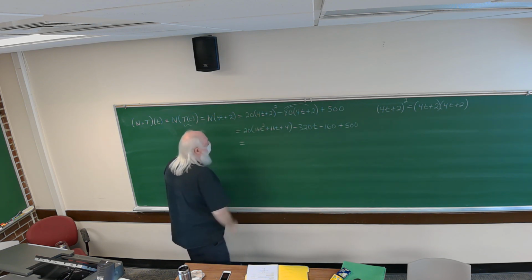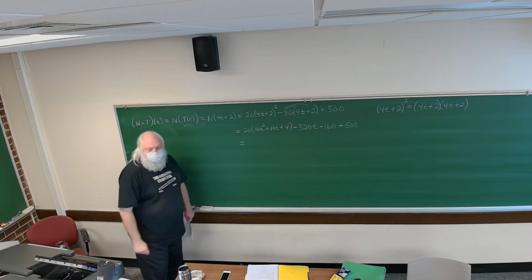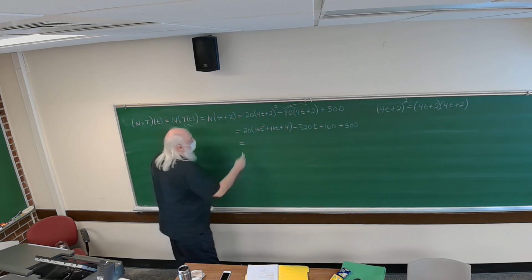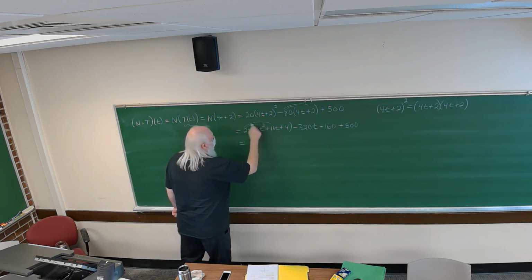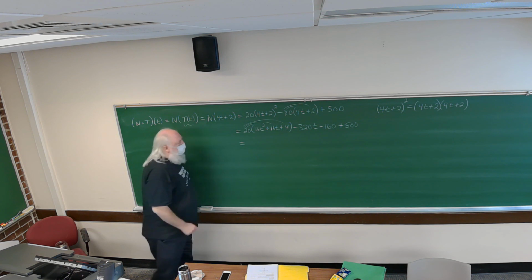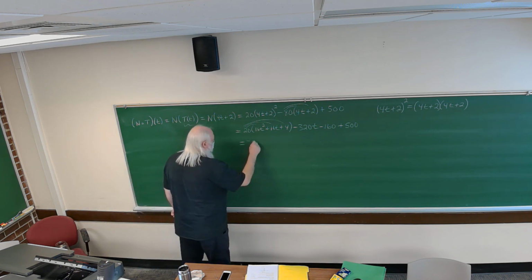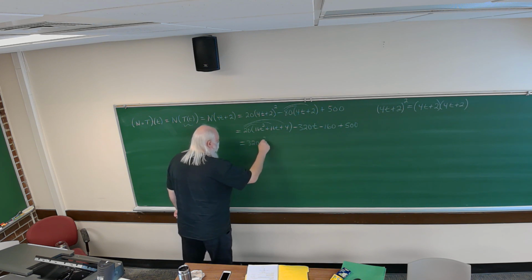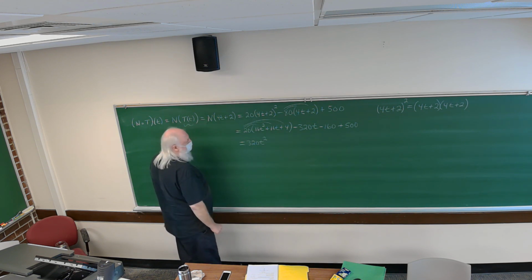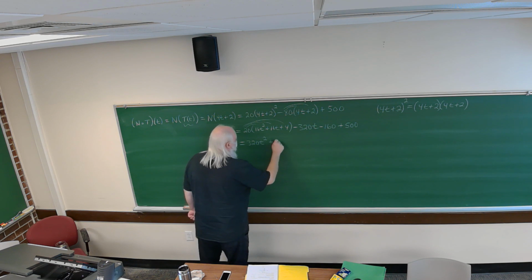Continue with the simplification. We've got to distribute the 20 inside the parentheses here. 20 times 16t squared is 320t squared. 20 times 16t is 320t.